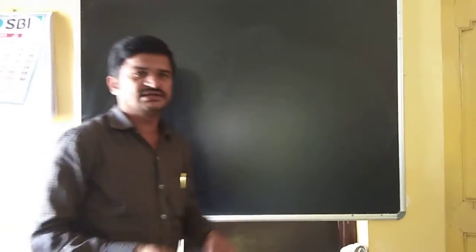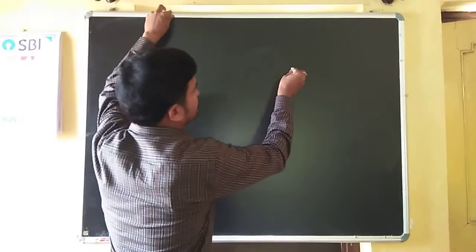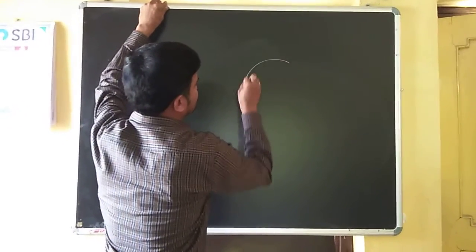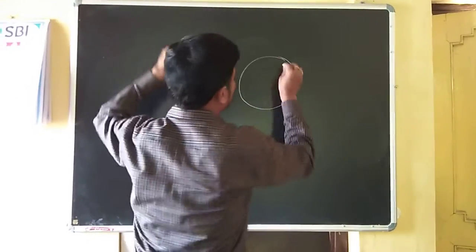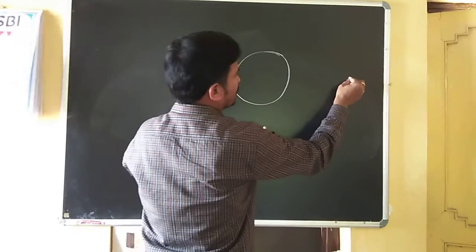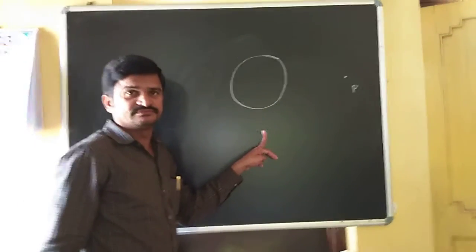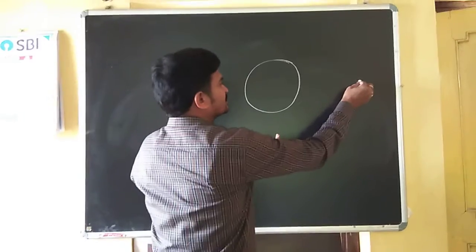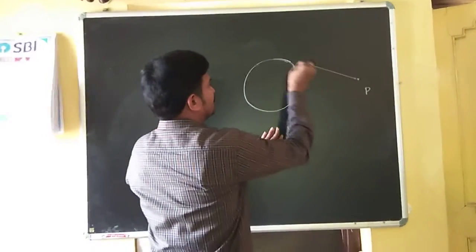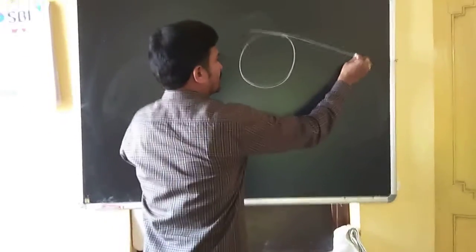In today's class, let us draw one circle, children, and mark the point P which is exterior to the circle, isn't it? From this P you have to draw two tangents like this.